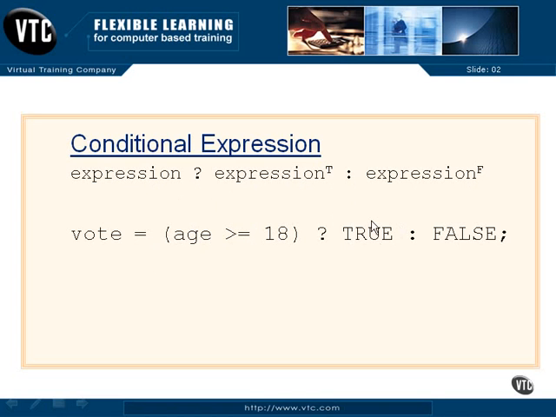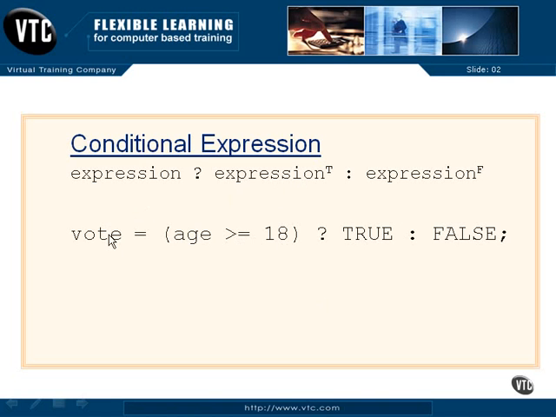This part of the expression, this value TRUE, we've already set way up in our program someplace to be whatever we consider to be true, and that's generally going to be 1, non-zero. This will be assigned into here. So this value, however it's defined earlier in our program, will be put into the variable vote. If age is greater than or equal to 18, TRUE will be put into vote.